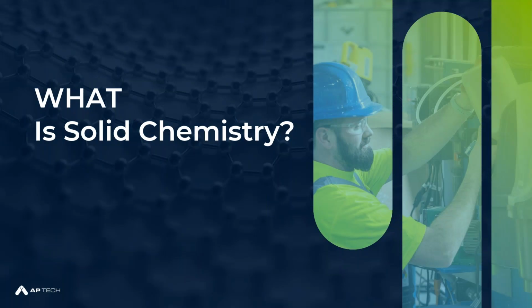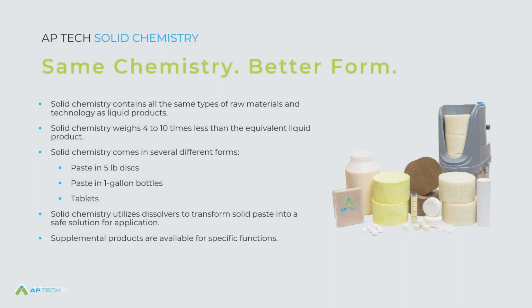So we'll touch on what solid chemistry is for those of you who don't have experience with solid chemistry or have only used solid chemistry maybe in a handful of applications or haven't done it in quite some time. So you need to think about solid chemistry somewhat similarly to liquids in the sense of what's in it. Solid chemistry is going to be using the same types of raw materials that liquid programs are utilizing.